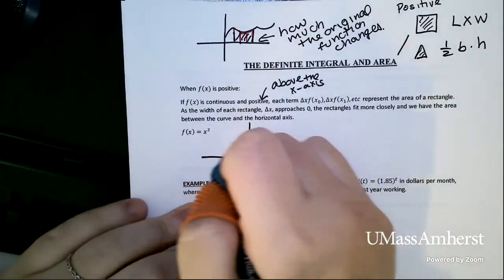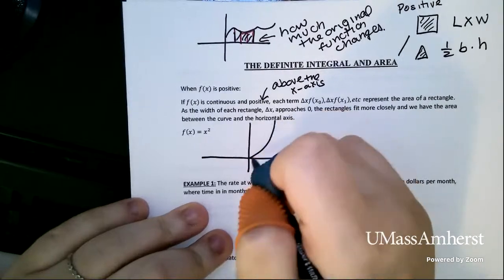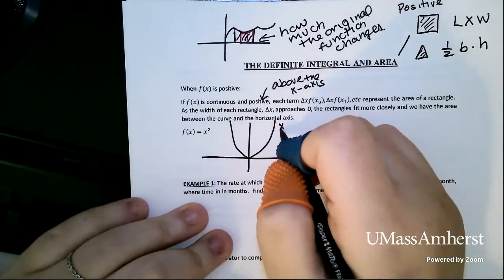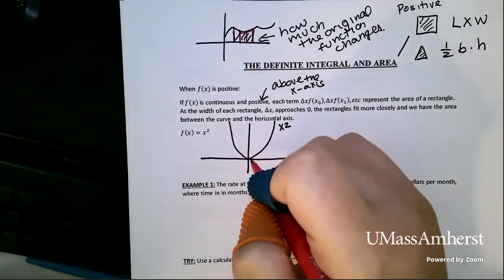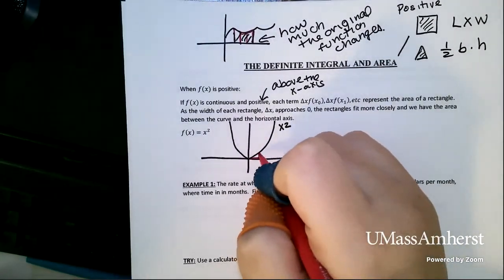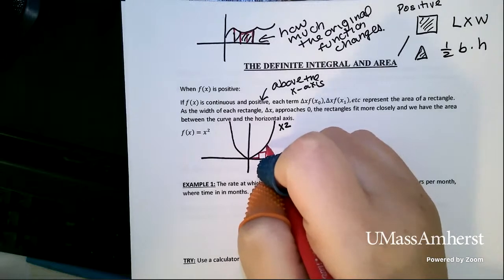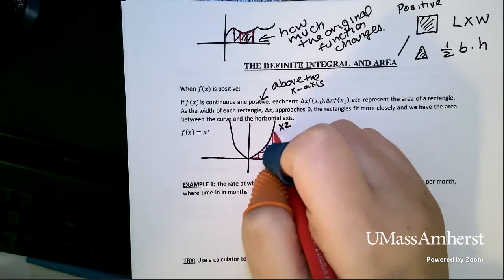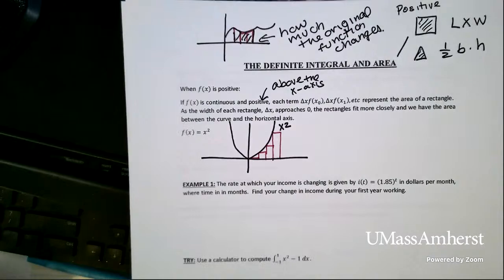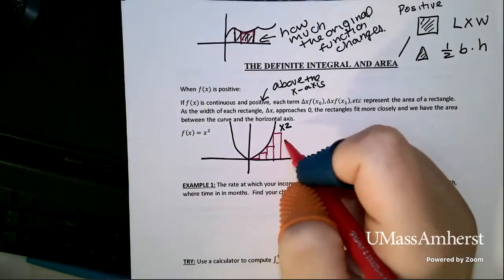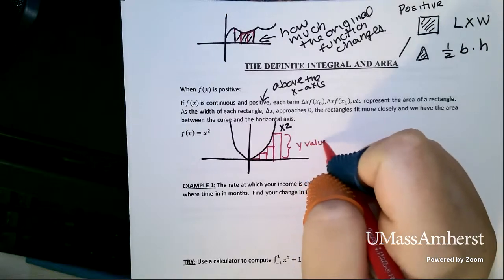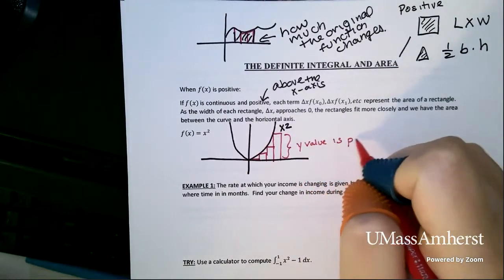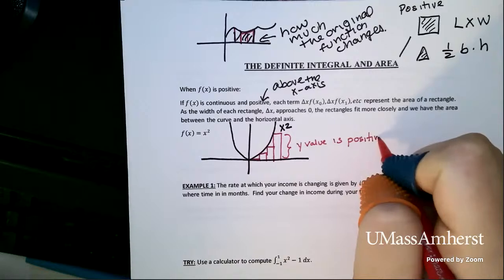So think about the example of x squared. If we're talking about a left-hand approximation, right? We start with something like this. This y value is positive, right?